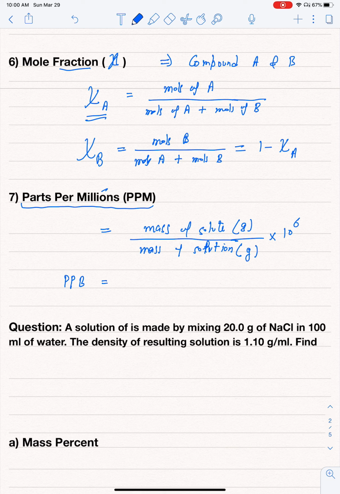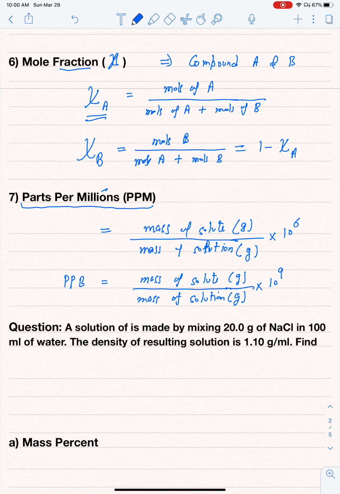So the difference is you still have the mass of the solute divided by the mass of solution. Both of those need to be measured in the same units, times 10 to the 9, because remember, in a billion you have 9 zeros, so it's an even smaller way of measuring concentrations.